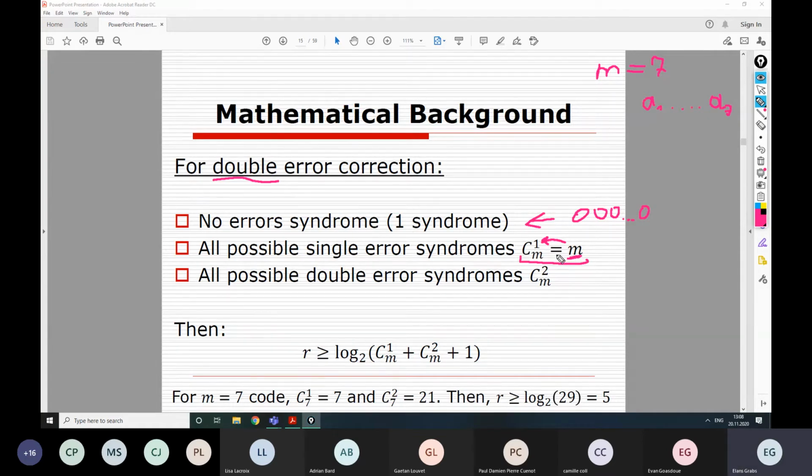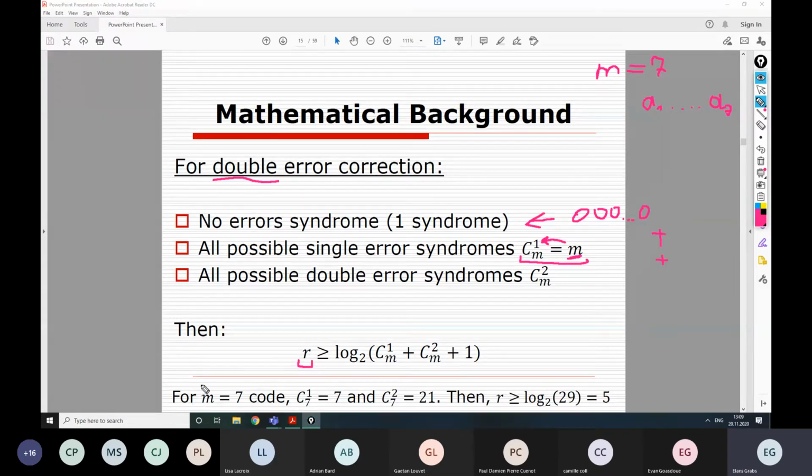Now for double error syndromes, we need to calculate combinations by 2 from m, and then we add them all up together and calculate the logarithm by base 2 of that value, and we get this r.